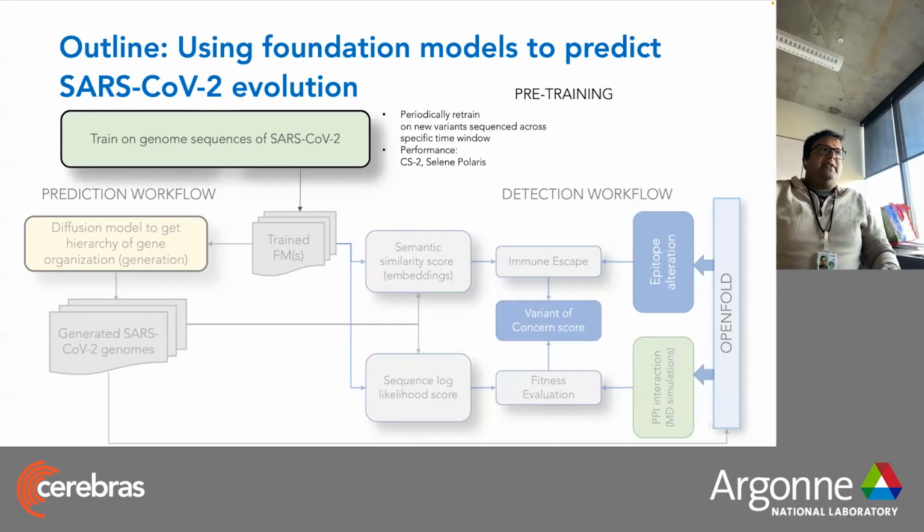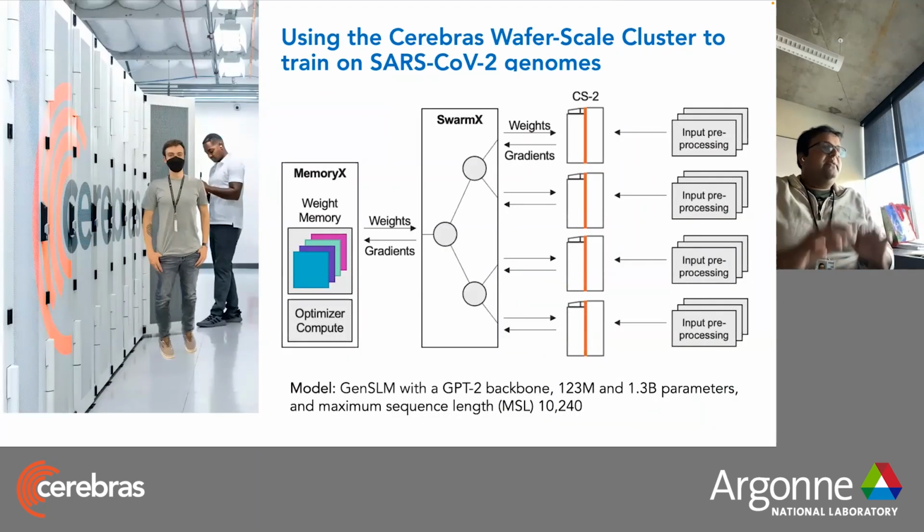Now, in terms of training these genome sequences on the entire SARS-CoV-2, it was not possible to do this on GPU-based clusters because we were not doing any model parallelism. It is possible to train them, but it would have taken a very long time. It is at this point we decided to use the Cerebras Wafer-Scale Cluster, and I'm thankful to Cerebras for saying that this is possible.